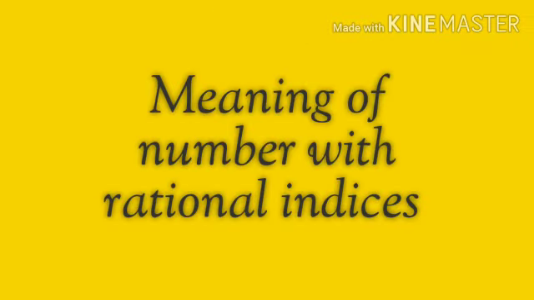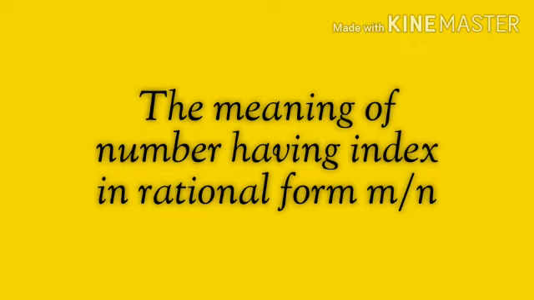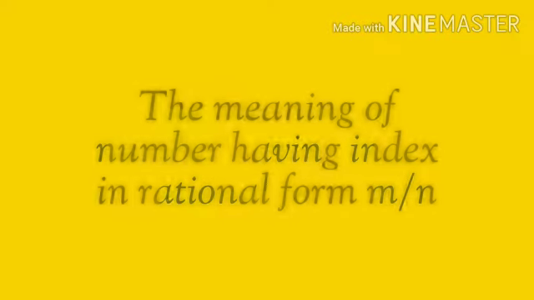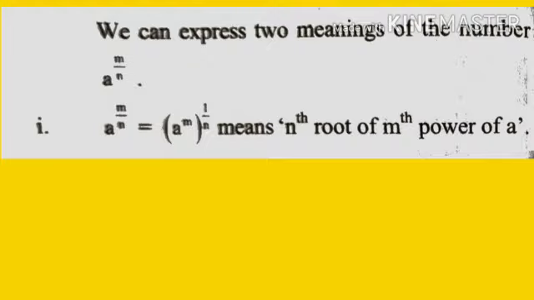Now, let's learn meaning of numbers with rational indices. In this, we will learn the meaning of numbers having index in the rational form m upon n. So, when our index is of the form m upon n, we can express the number in two forms.